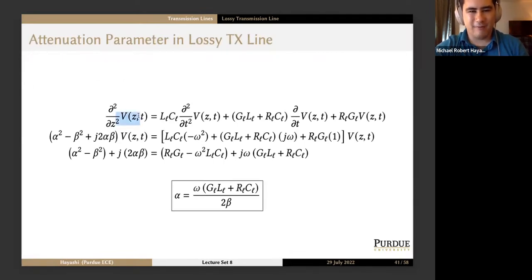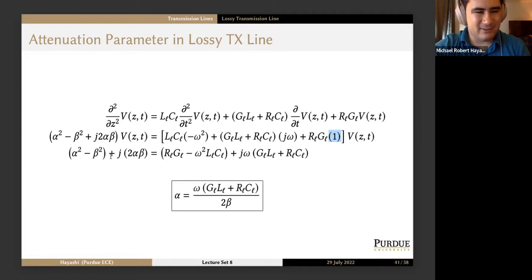So in our full wave equation, we start making our substitutions for every time we see a derivative. So here we're going to see V(z,t), and then here's gamma squared. We're going to factor out V(z,t) from the back, and we're going to get a negative omega squared where we see the second derivative, a j omega where we see the first derivative, and just 1 where we see the function itself.